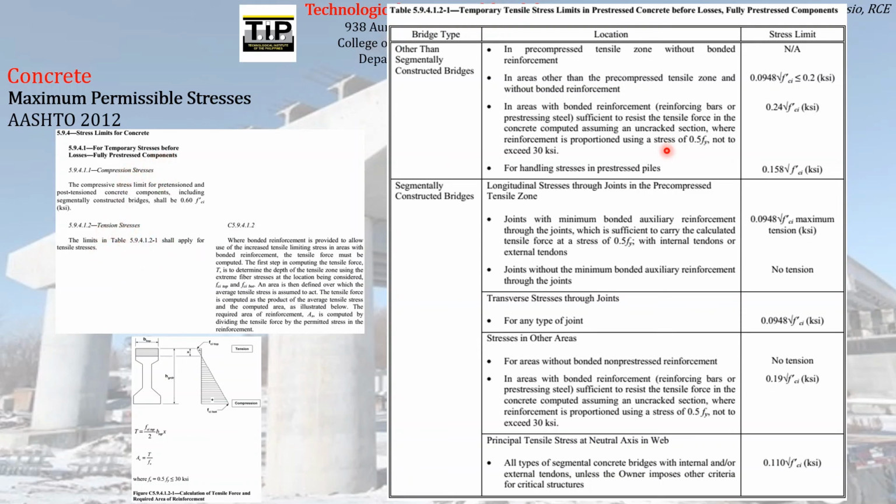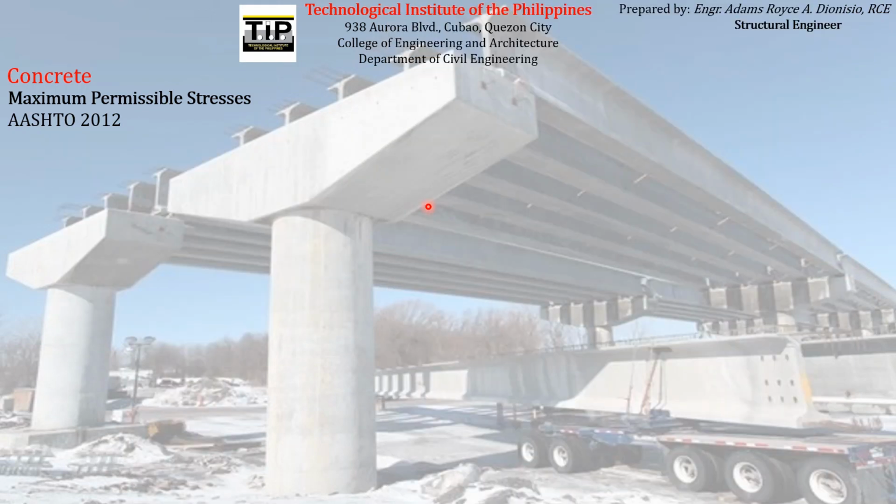This is actually the tensile limit specified by AASHTO 2012 that can be experienced by the concrete at this particular stage, before losses occur on the pre-stressing reinforcement.